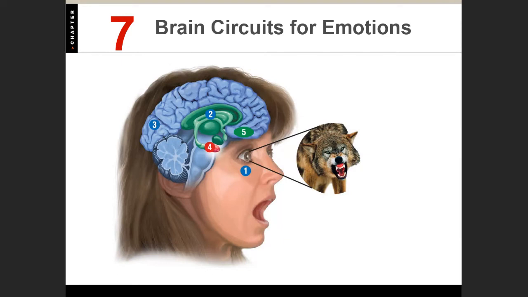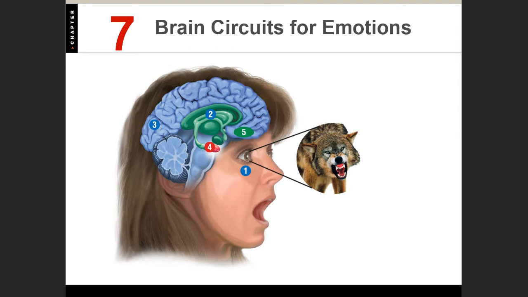What would happen is the retina would send the signal to the thalamus, and instead of going to the occipital lobe, the thalamus would directly signal the amygdala, because the amygdala needs to hurry up and let us know this is dangerous. So we either need to run or we need to prepare to fight. It's really amazing how our brain and our body help us respond.